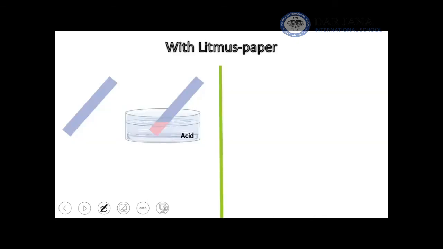Now, litmus paper. As I said, we have two types of litmus paper, or two colors of litmus paper. We have the red one and the blue one. If you use the blue one, the blue litmus paper reacts only with acid.